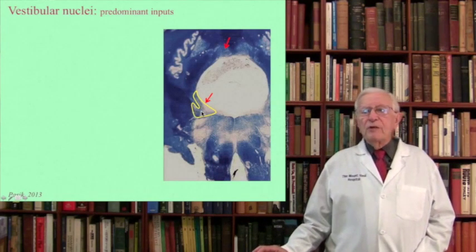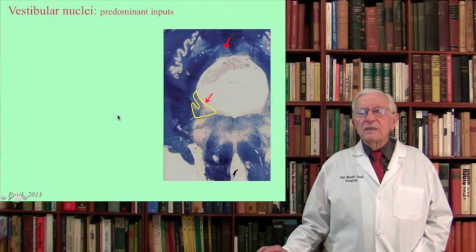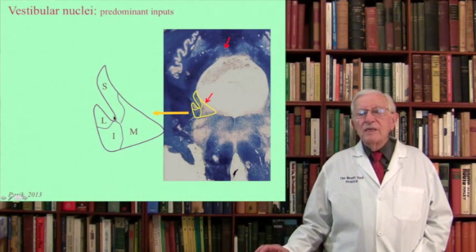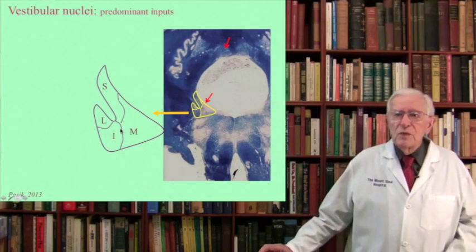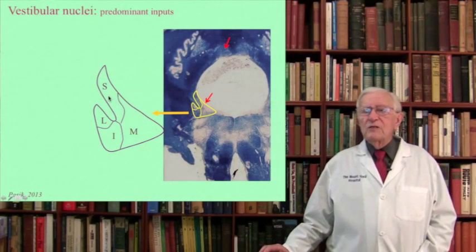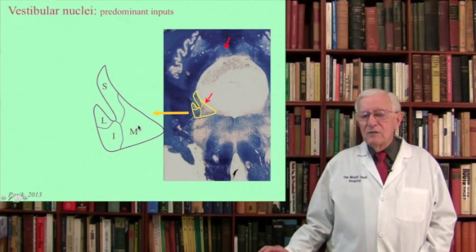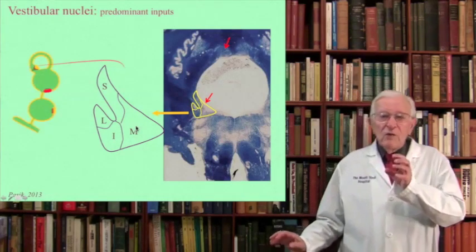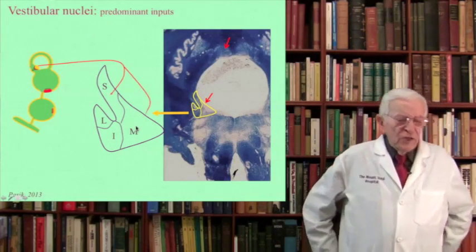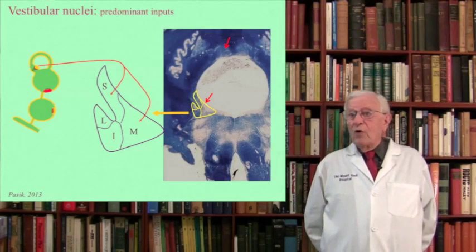Now, if we put it a little bigger, like this, the outline anyway, you have something like that. And you see that it's divided into several subgroups. So you have a superior vestibular nucleus, an inferior vestibular nucleus, a lateral vestibular nucleus, and a medial vestibular nucleus. In this particular projection, you can see pieces of all of them.